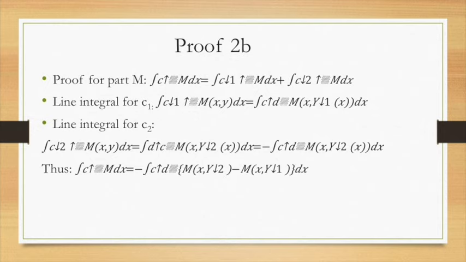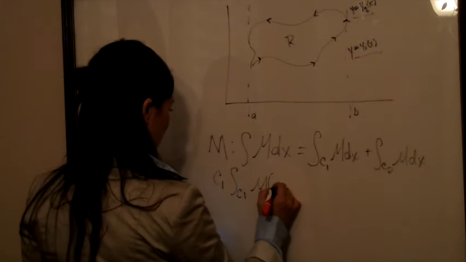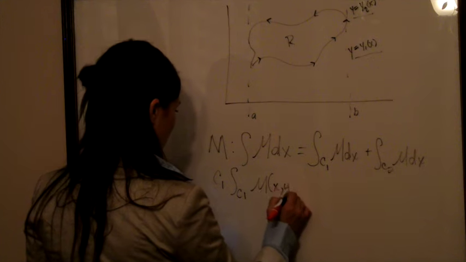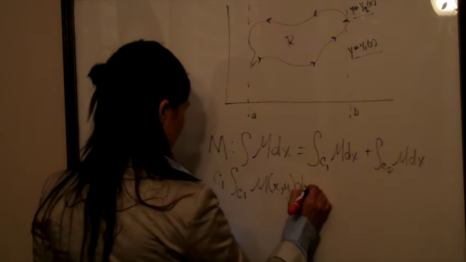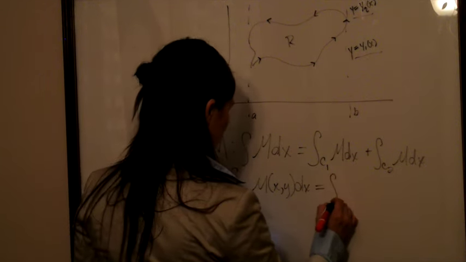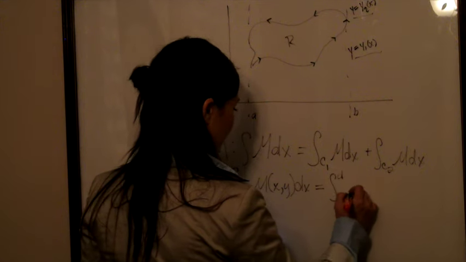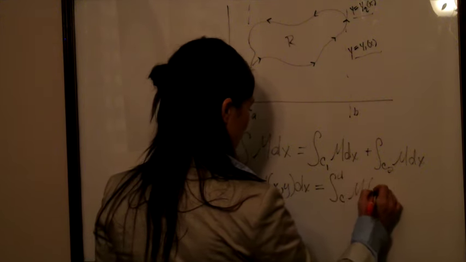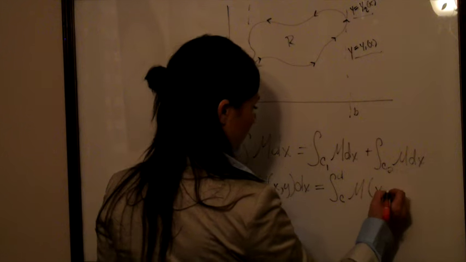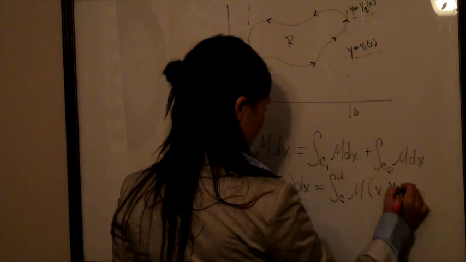Now let's look at the line integral just for C1. For C1 we have the integral over C1 of M(x, y) dx, which is equal to the integral from c to d of M(x, y1(x)) dx.